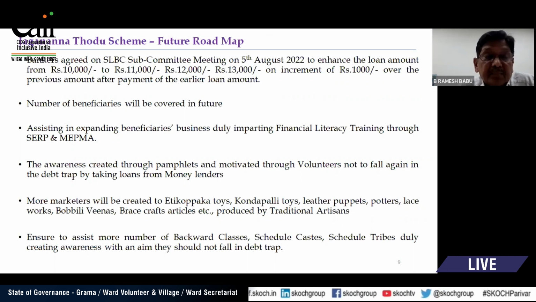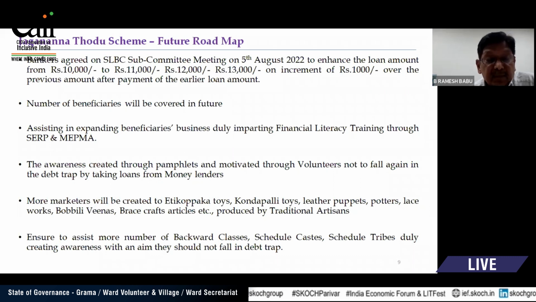And assisting in expanding the beneficiaries' business, duly imparting financial literacy by SERP and MEPMA. We requested them to impart trainings to all these beneficiaries on financial literacy, and awareness is also created through pamphlets and motivated through volunteers to pay all these EMIs promptly and not fall into a debt trap by taking loans from money lenders and loan sharks.